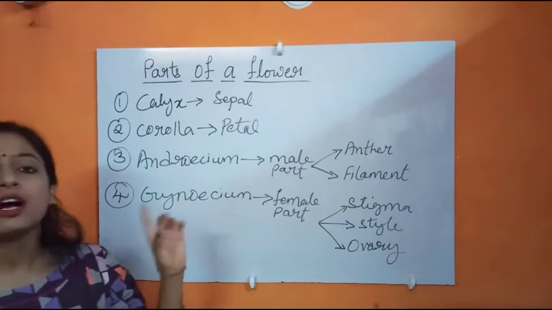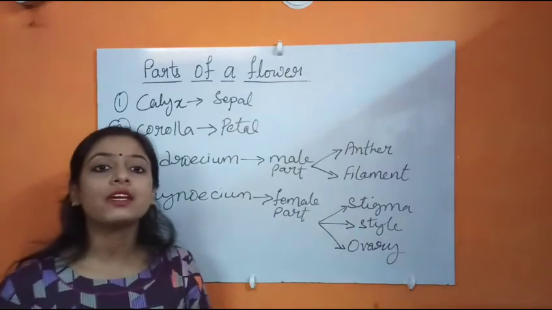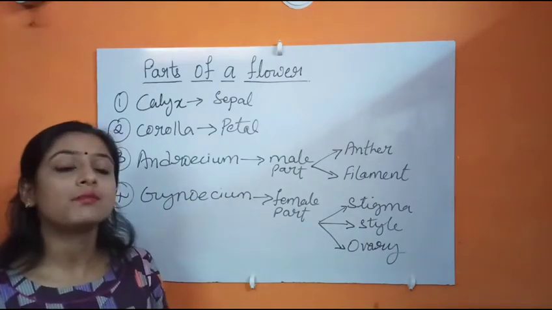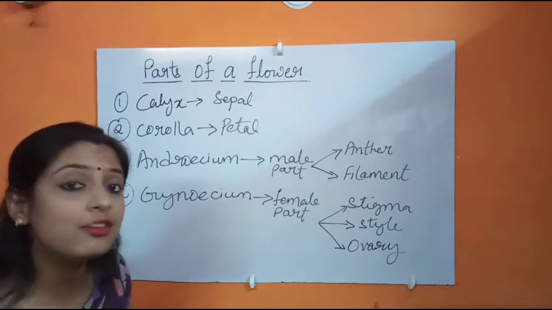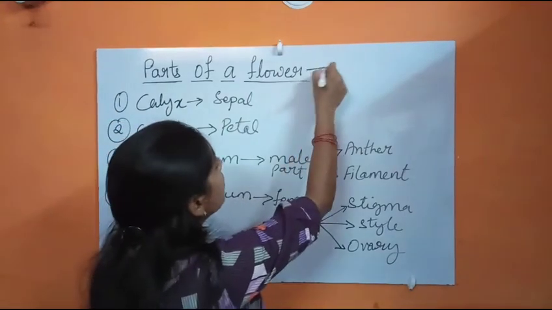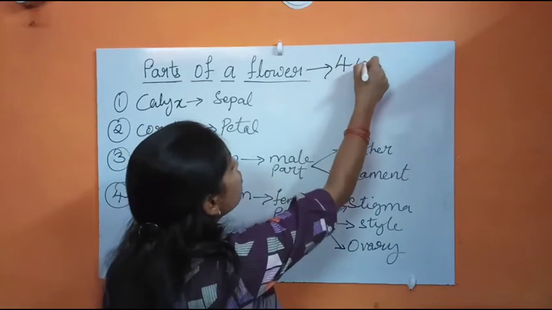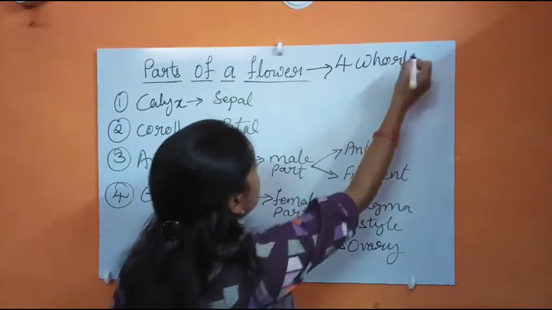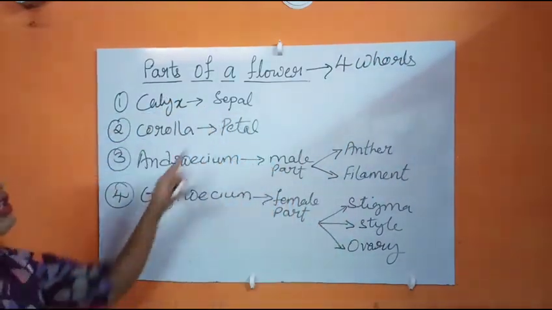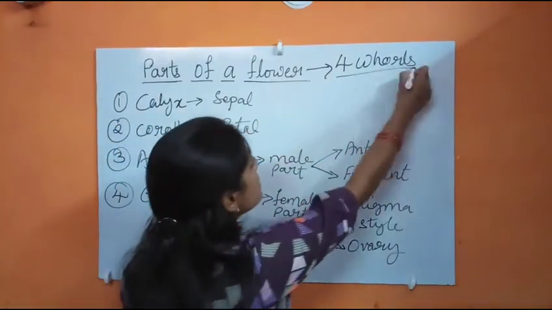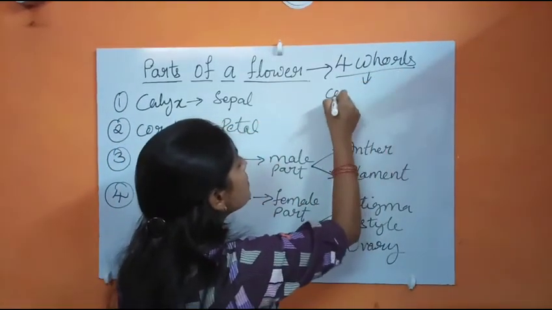I was telling you, in order to be called a complete flower, a flower must have 4 essential whorls, which are as follows.